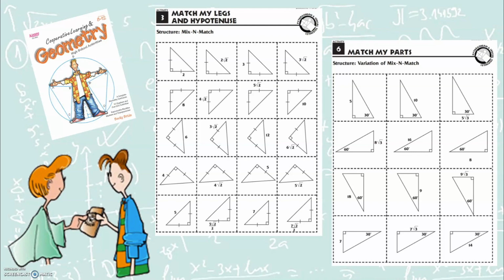I do want you to note on the 30, 60, 90 activity, those triangles are not drawn to scale. That's something that is a little bit frustrating for some of your students, but I really think it's a good idea because it helps them to focus on the 30 degree angle and the short side corresponding, and the 60 opposite the long side, even if it's not drawn that way in the picture.